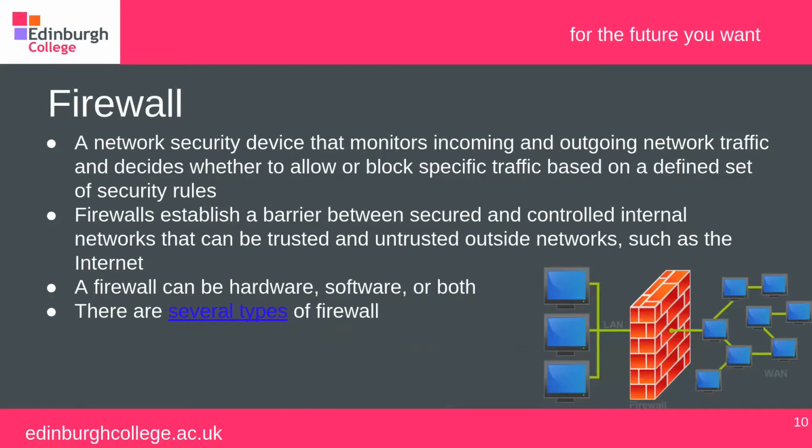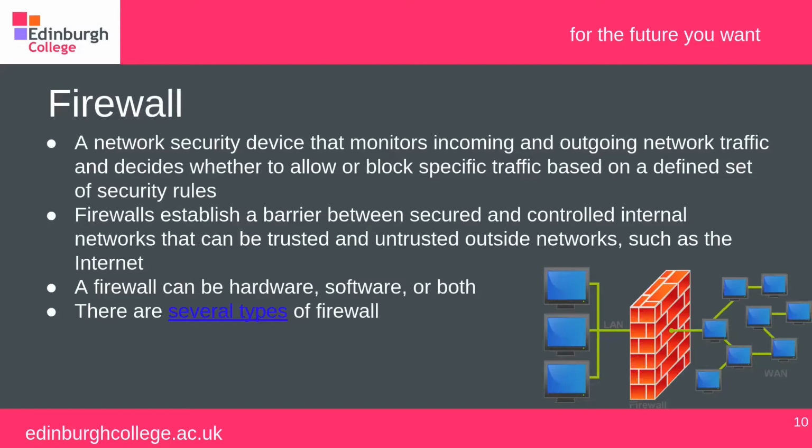It's a network security device that monitors incoming and outgoing network traffic, and it establishes a barrier between a secured and controlled internal network that can be trusted and an external network that would be untrusted. Okay, we can think of these as 2 zones, the trusted zone and the untrusted zone, or the LAN and the WAN.